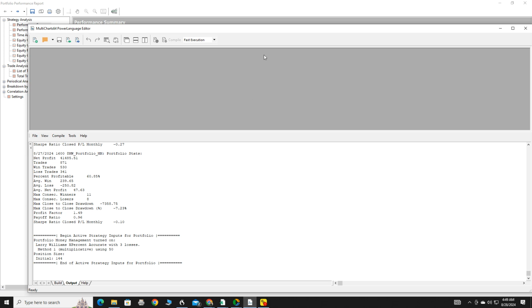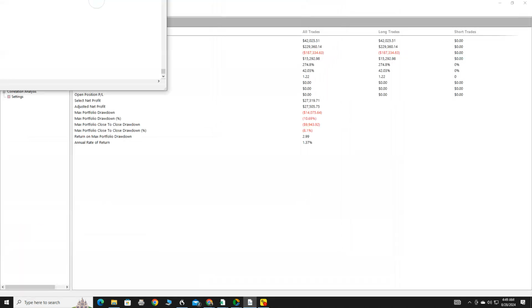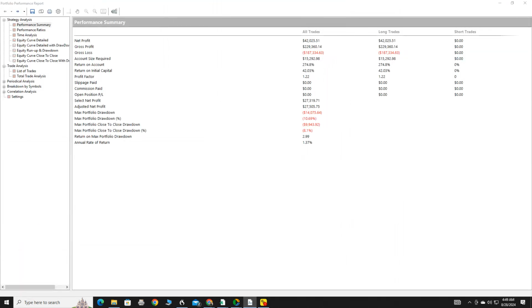So it actually increased profits and increased accuracy of the method. And as we discussed before, the money management performance report is looking at the beginning equity when we start position sizing and when we get back to base position, the final ending equity. Was it positive or was it negative? And that determines our accuracy.